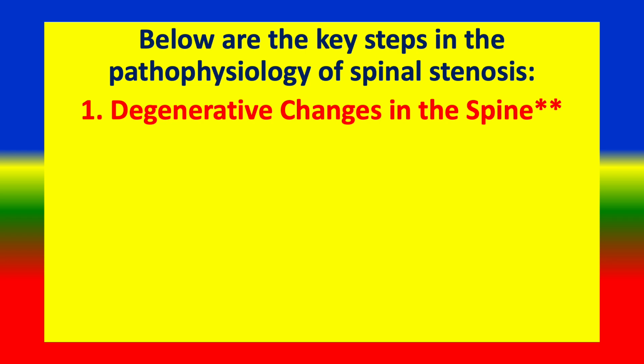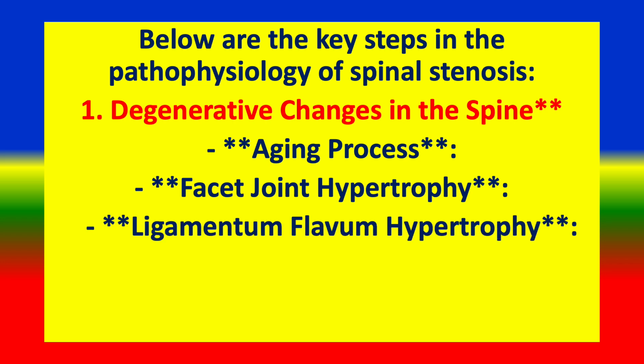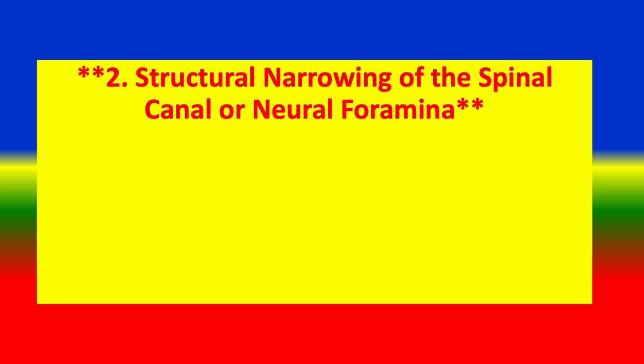Below are the key steps in the pathophysiology of spinal stenosis. 1. Degenerative changes in the spine. Aging process, facet joint hypertrophy, ligamentum flavum hypertrophy. 2.